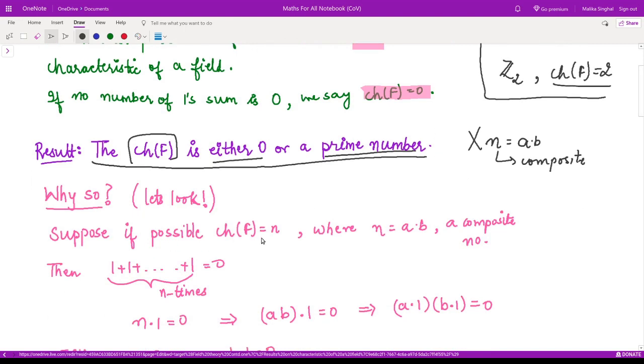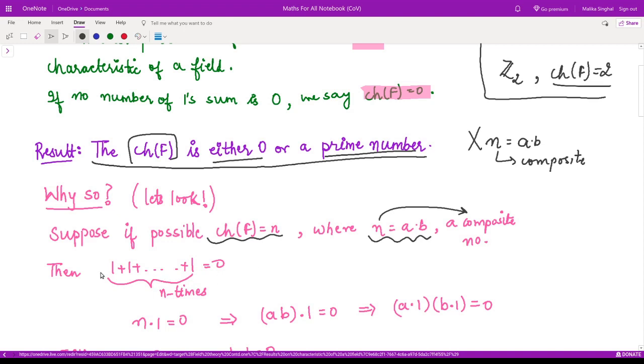Let us suppose that the characteristic is n, where n is equal to the multiplication of two numbers a and b, so that we can call this a composite number, right? Both a is less than n and b is less than n. Then we are saying n is the characteristic of the field F. That means when you add 1, the multiplicative identity, n times, you'll get 0 by the definition of characteristic.